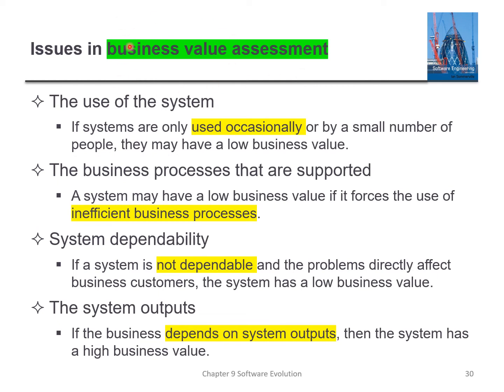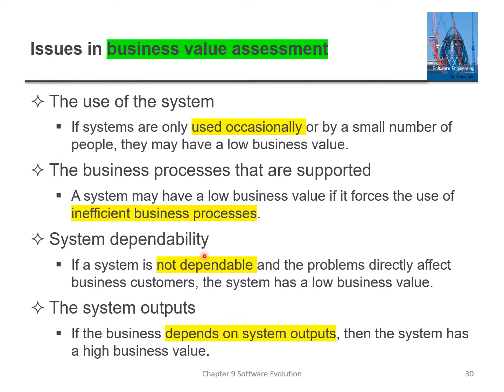When we are looking at the business value aspect, we should be looking at: is the system used only occasionally? Does it support the business processes? Does it depend on other systems? We want to see the integration that might exist, and how far other systems depend on the output of this system.